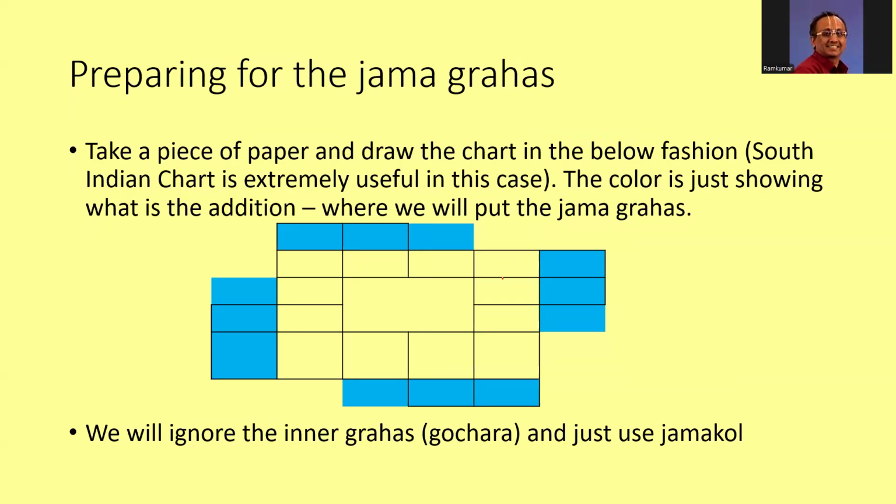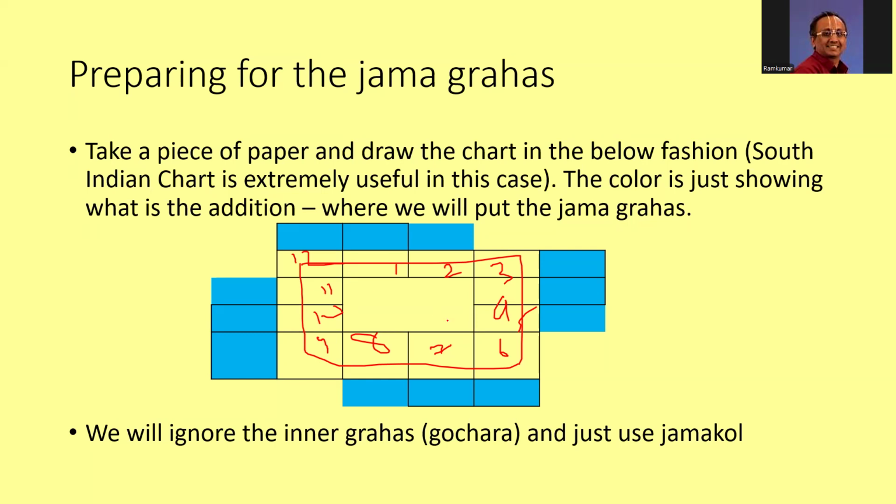So now you have the inner chart, right? So you have Mesha, Rishabha, and all that, Kanya, Tula, Vrischika, Dhanur, and so on and so forth, and Meena.